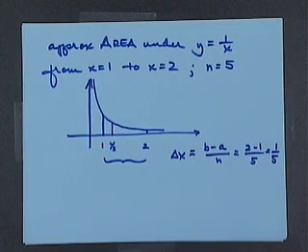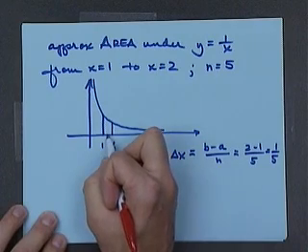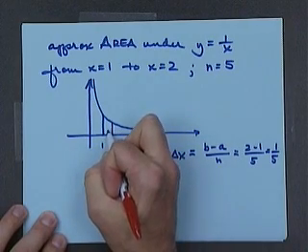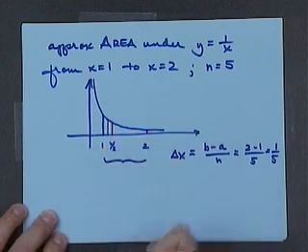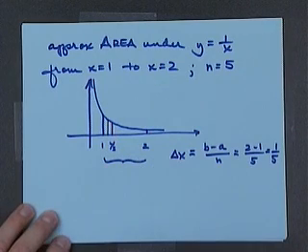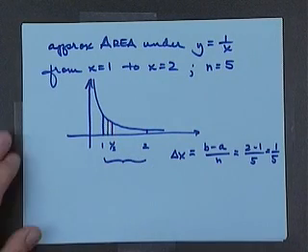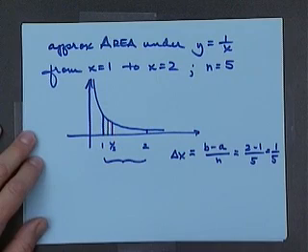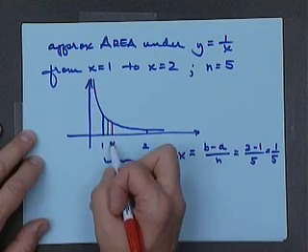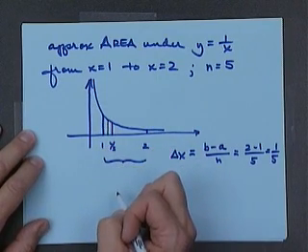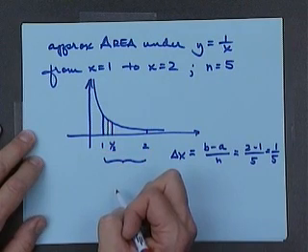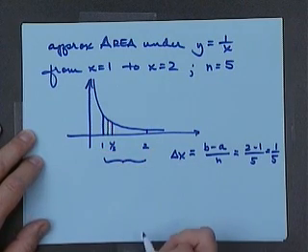What are we going to use to generate the height of the first rectangle? The value exactly halfway between them. So our first x value is what? 11/10. 11/10, 1.1. Is that okay?